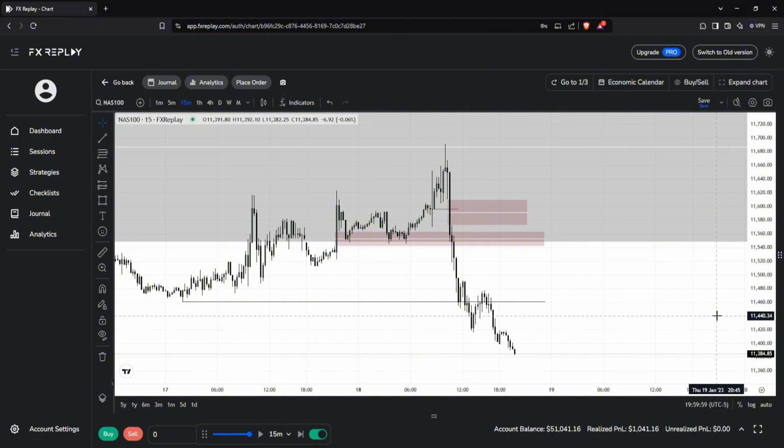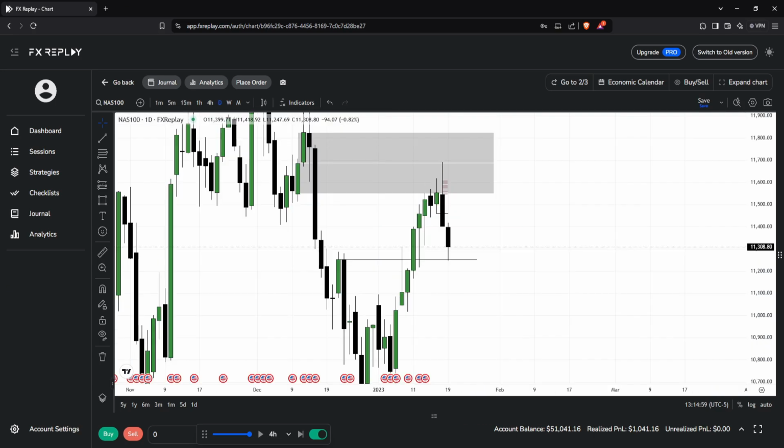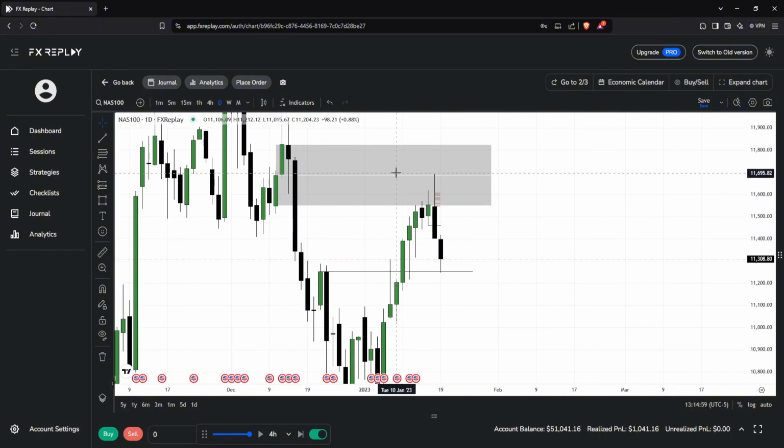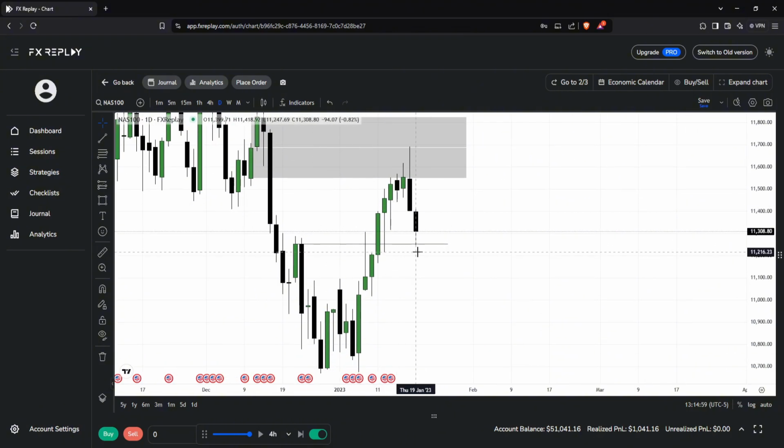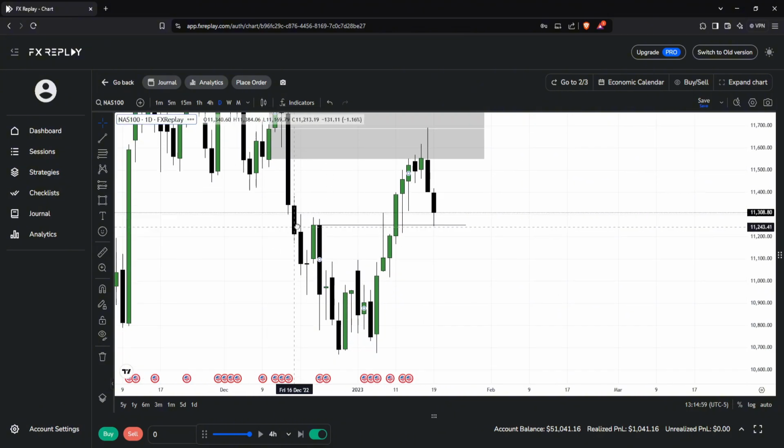Now the day is done and I'm gonna wait for the next day to find a setup, which I'm gonna skip, and you can see here, as you can see, we reversed. No, on a daily it's a retracement. We retraced from the mean threshold of this order block, into the discount array, which is this breaker.